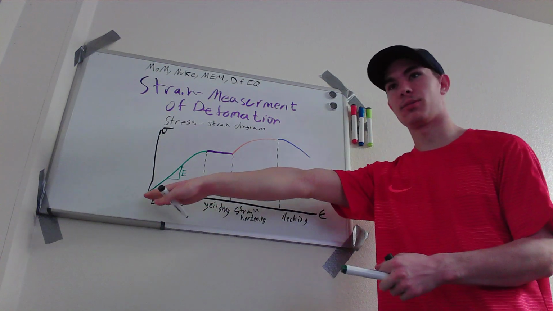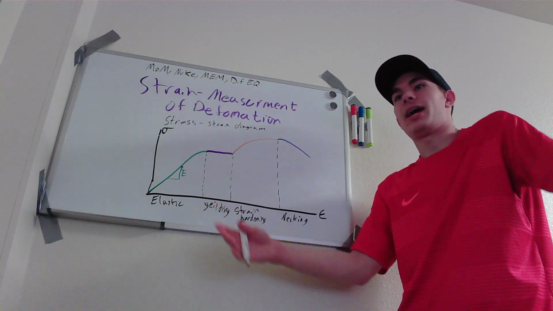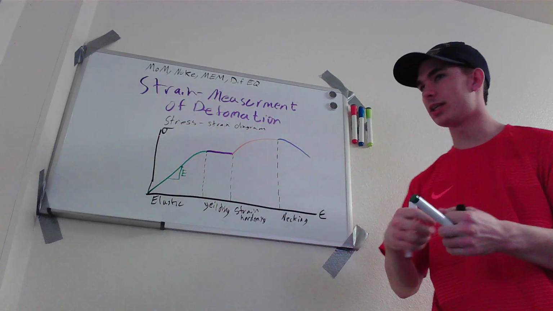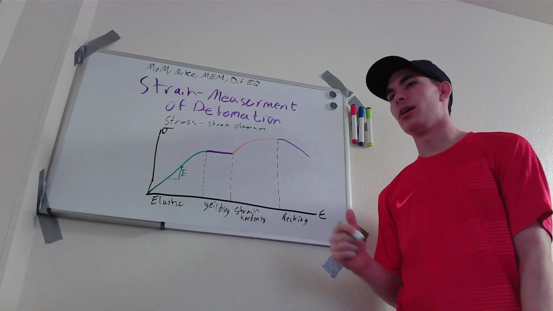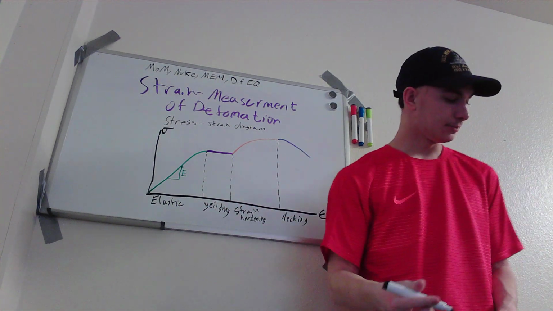So this is going to be increments of meters, so it's like Laffy Taffy, and you can really strain this puppy out. Laffy Taffy is a pretty poor example for the elastic region, but whatever.